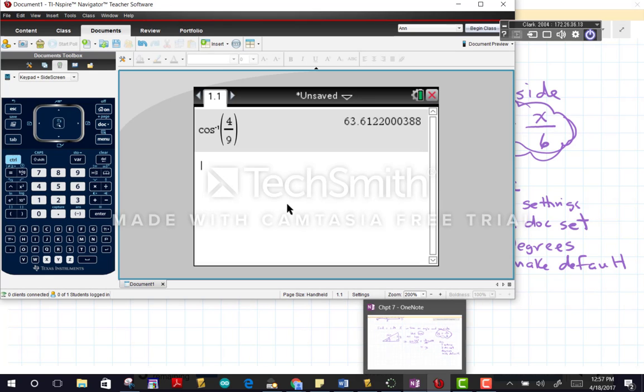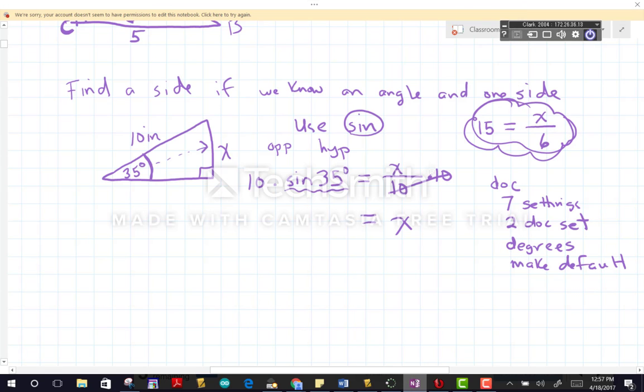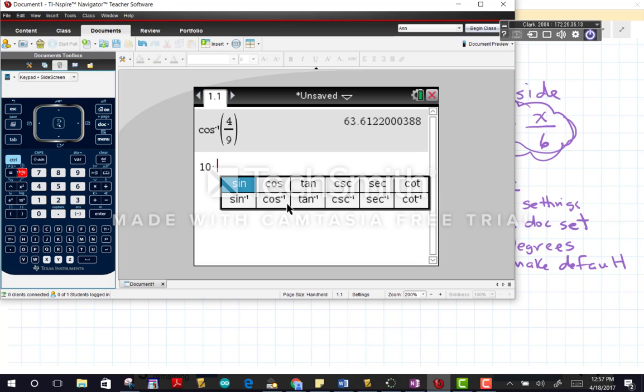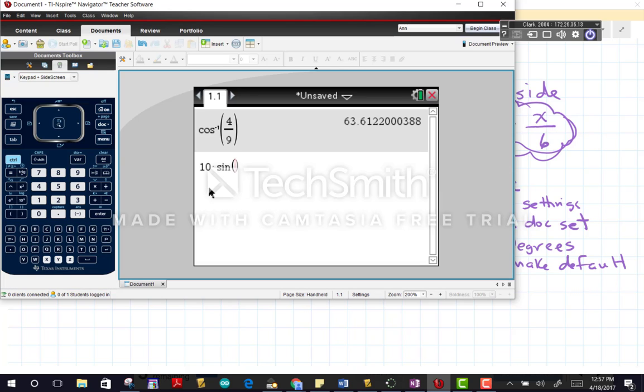So now, when I do that calculation, 10 times the sine of 35 degrees, I don't have to worry about whether or not I put in a degree symbol. So I do 10 times, I go to my trig menu and get sine.